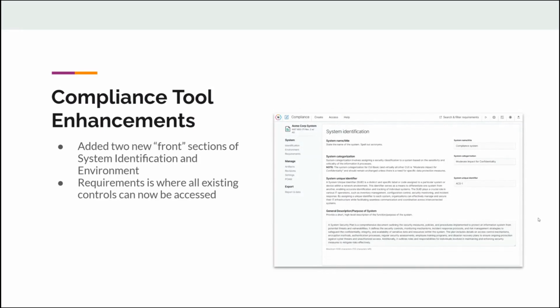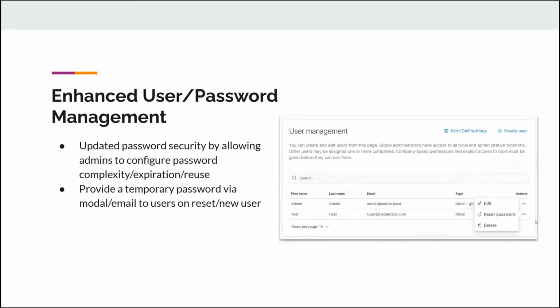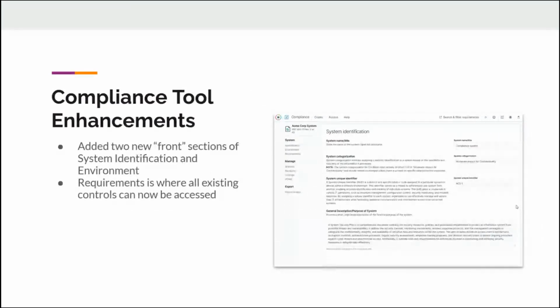We've now added system identification and environment. Requirements is going to be where all of the existing controls, all 110 for CMMC L2, the current view, is going to live.